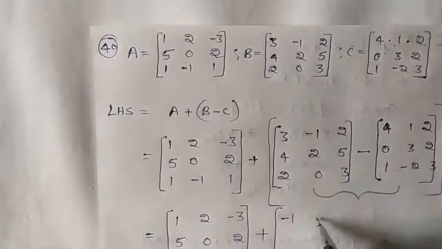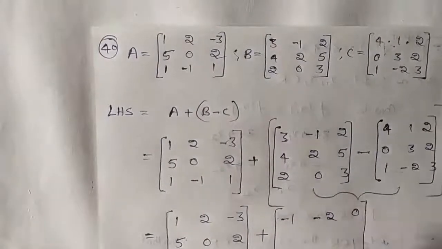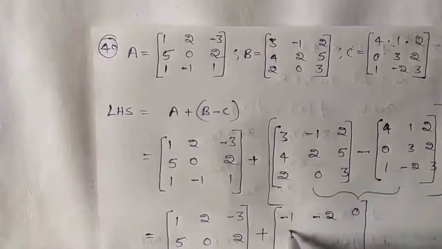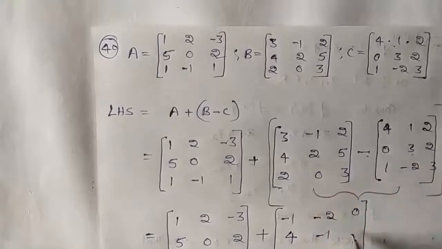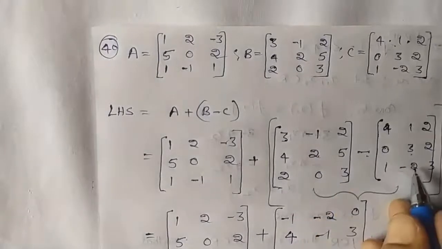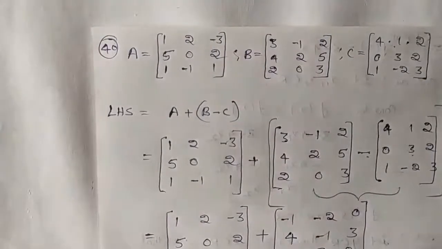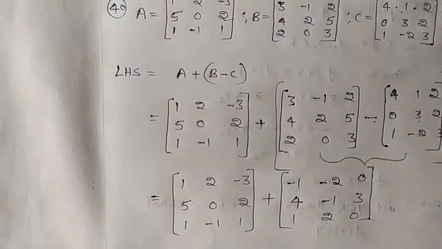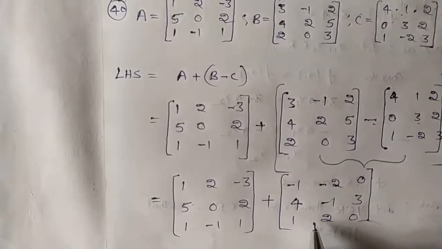Minus 1 minus 1 is minus 2. 2 minus 2 is 0. 4 minus 0 is 4. 2 minus 3 is minus 1. 5 minus 2 is 3. 2 minus 1 is 1. 0 minus of minus 2 is plus 2. 3 minus 3 is 0. It is the matrix B minus C.